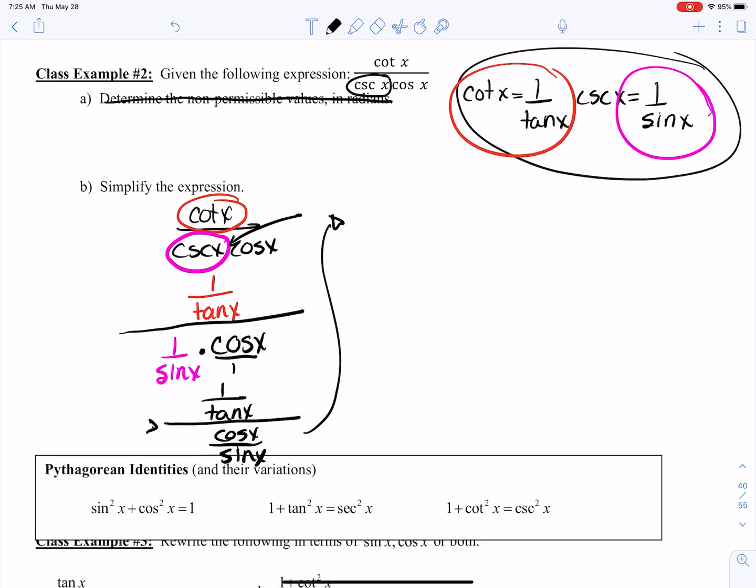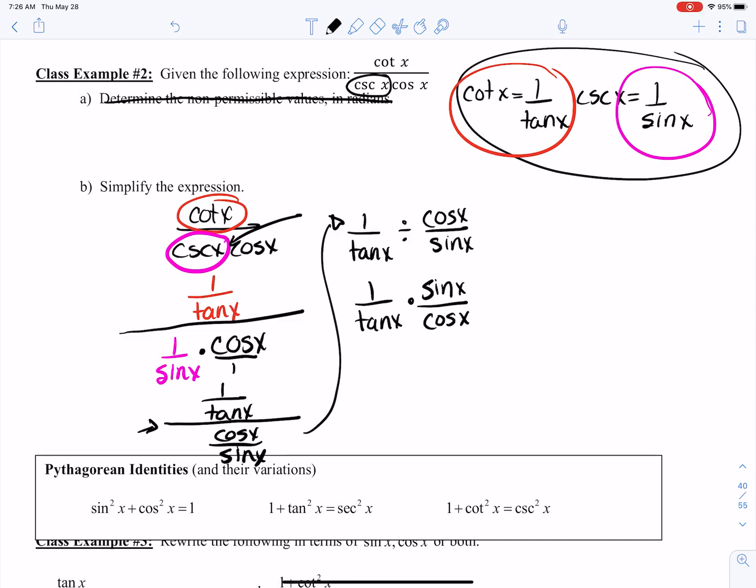We know this means division, so this is 1 over tan x divided by cos x over sine x. So we have 1 over tan x times sine x over cos x.